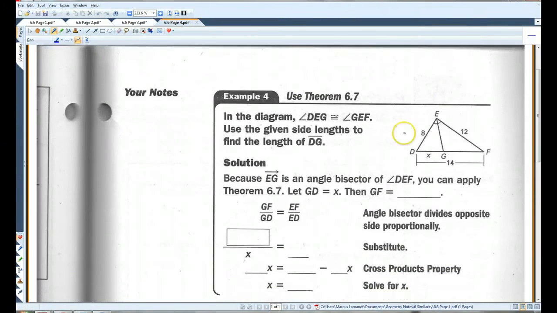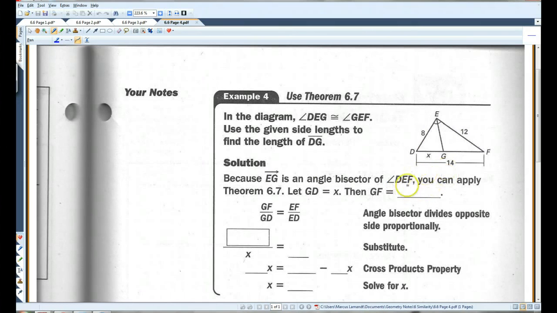In the diagram, angle DEG is congruent to angle GEF, and it's labeled for us. Use the given side lengths to find the length of DG, that's x. Because EG is an angle bisector of angle DEF, then you can apply theorem 6.7. Basically, these sides are going to be proportional to these sides. So let GD equal x as labeled.